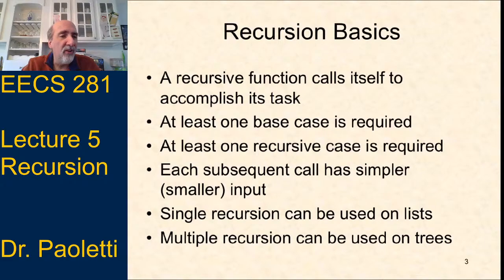Now, single recursion means how many recursive calls does this function make? If we had something like a linked list, for example, we would often do single recursion, where I say, well, I tried to insert it here, but I had to make a recursive call, and so I'll call insert with the next node pointer to try to insert it there.